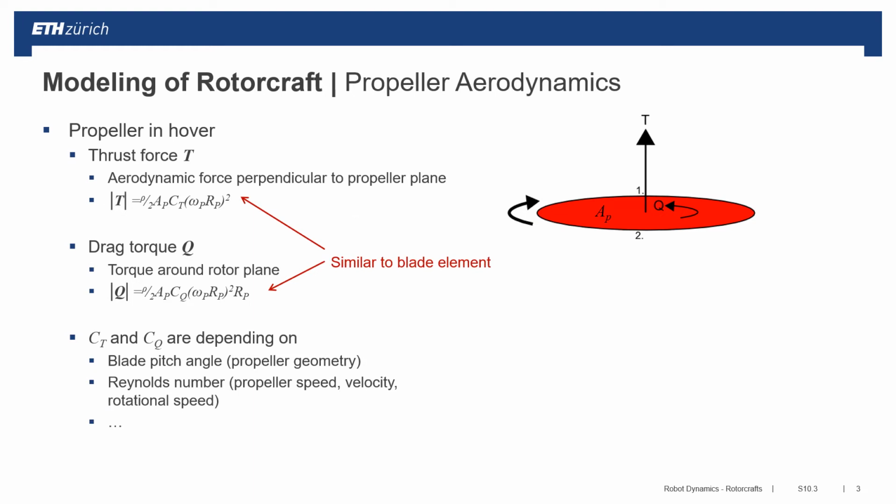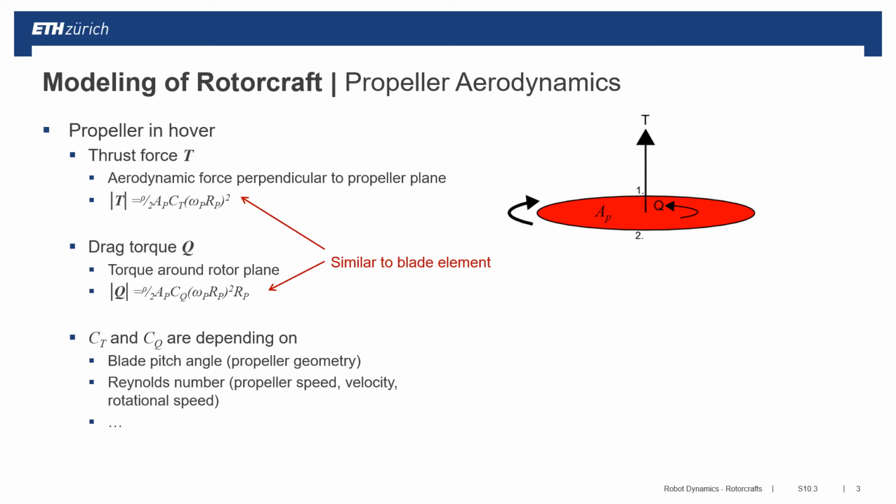Similar to blade elements of a wing, the thrust force and also the thrust torque are typically, in a first order approximation, directly proportional to the square of the rotational speed of the rotor.